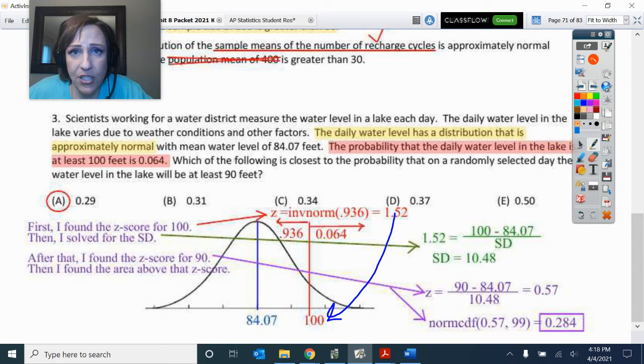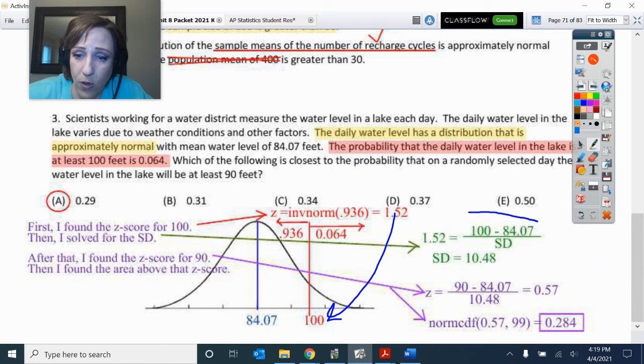Oh, okay. This isn't about samples. This is about just finding one result. Okay, so this is not a sampling distribution. This is the population. Okay, so we're not doing t's. We're doing the population. That's approximately normal. Okay, so then I have 1.52.